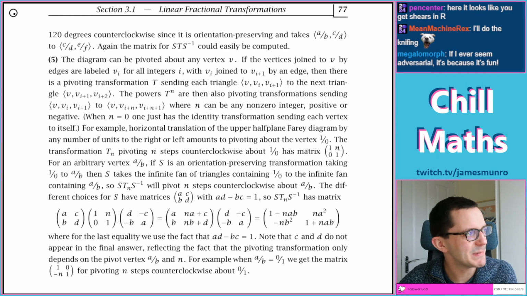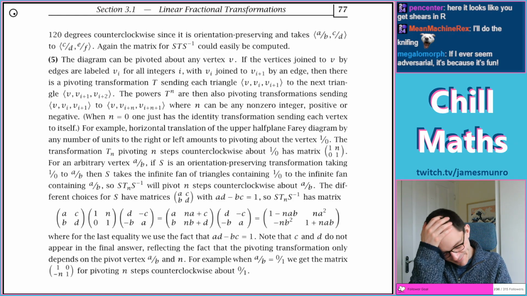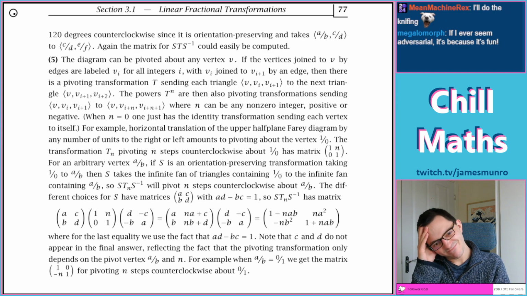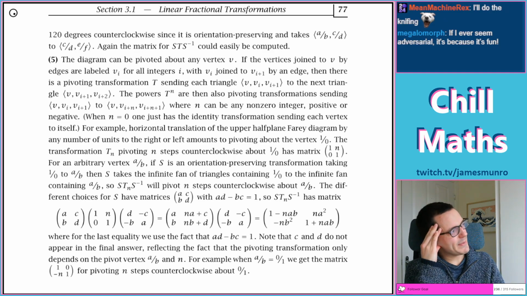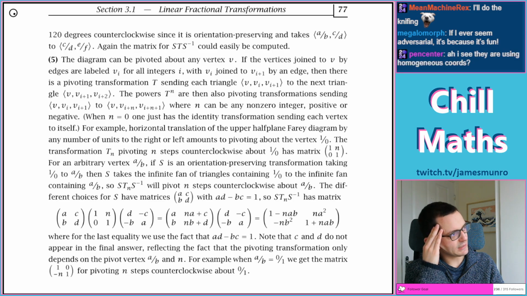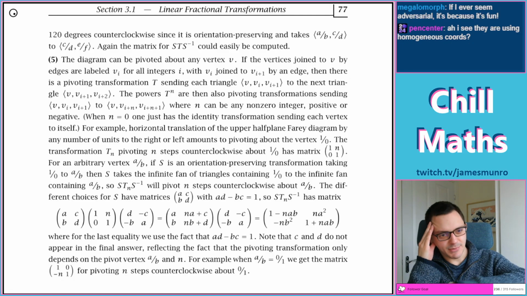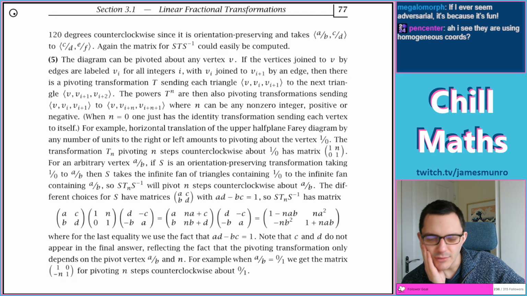Wait, is that what I'm supposed to be doing? Oh, that's nuts. If that's just what we're doing. Am I just supposed to project points from z squared onto the unit circle and call it a day? Yeah, maybe I am. Maybe I am. Oh dear. Maybe you're just supposed to read around looking at all of the points.